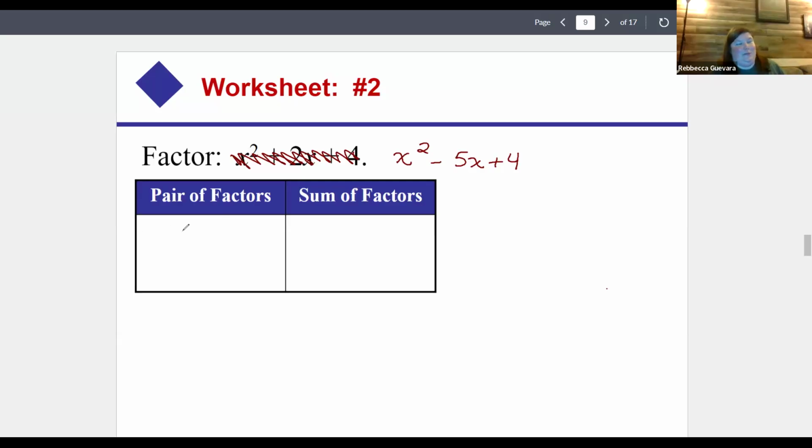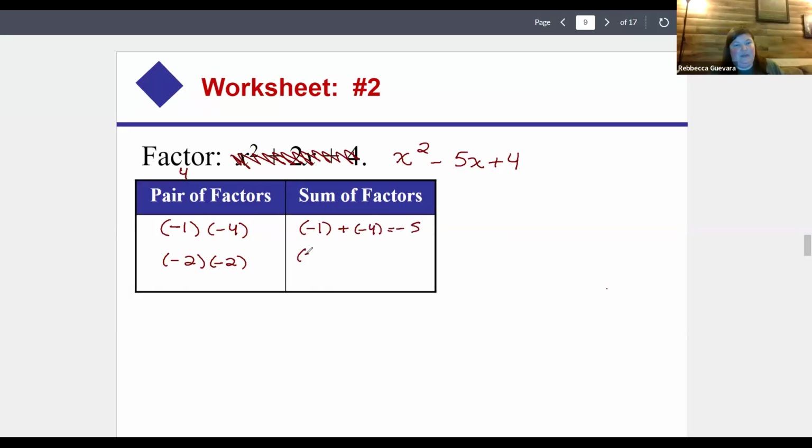So we'll put this on another slide here in a bit, but my way of doing this would be, I may want to look at my negative factors of 4. So that would be negative 1, negative 4, and negative 2, negative 2. Well, if we sum up negative 1 plus negative 4, that is negative 5.